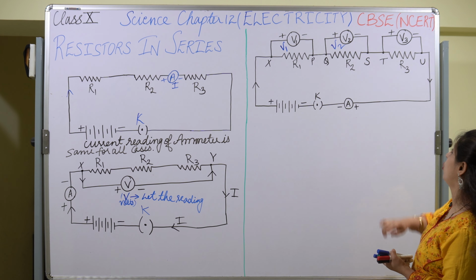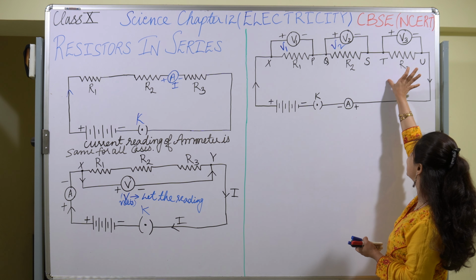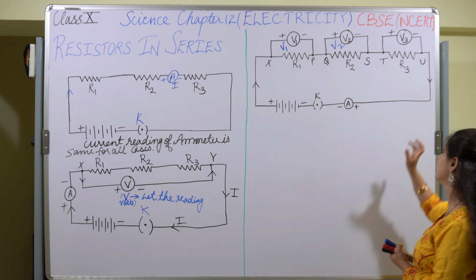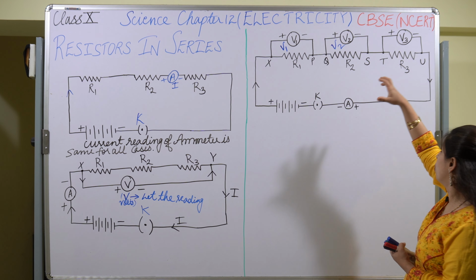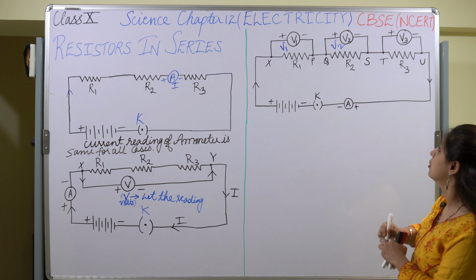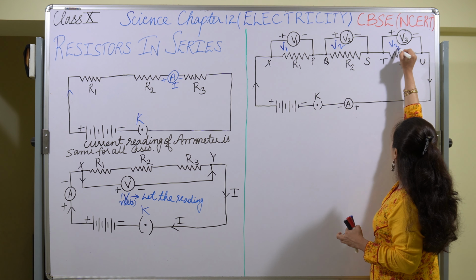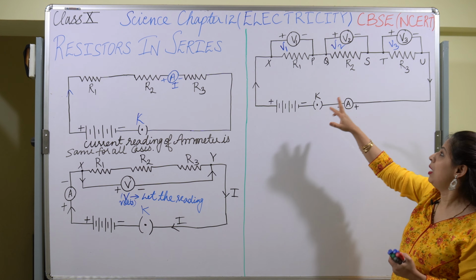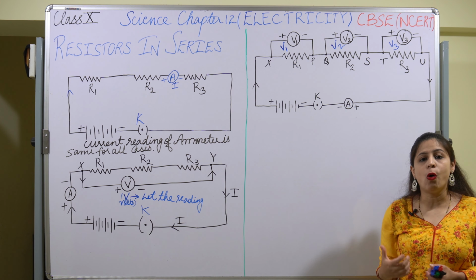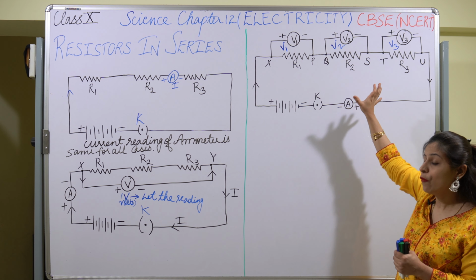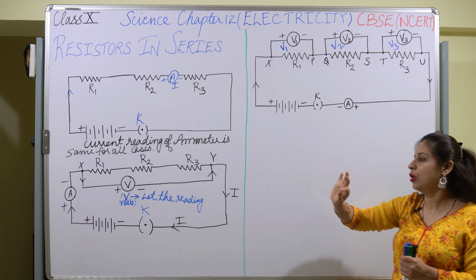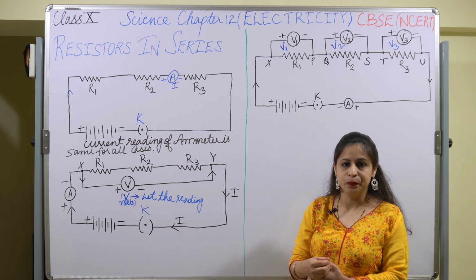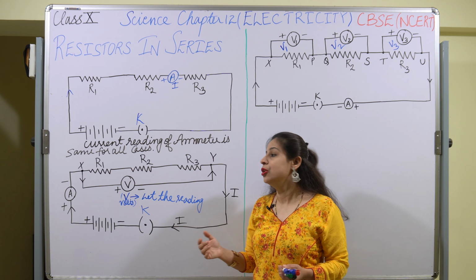Now place it across the points T and U, across the resistor R3. We get the voltmeter reading as V3. And one thing we will notice is that the sum of V1, V2, V3 is equal to the voltmeter reading V which we have taken earlier.